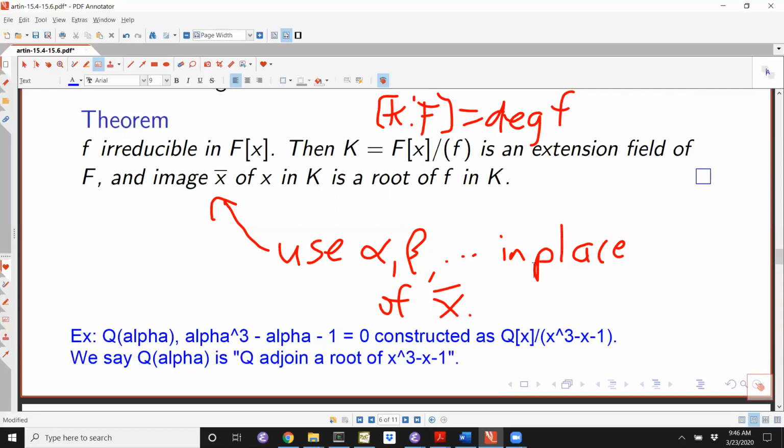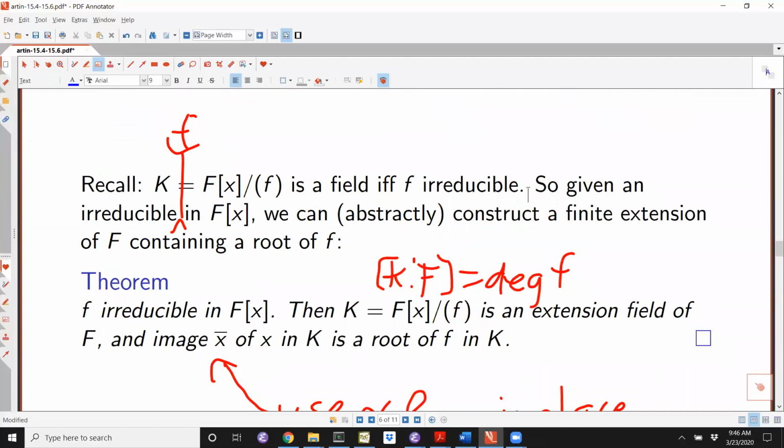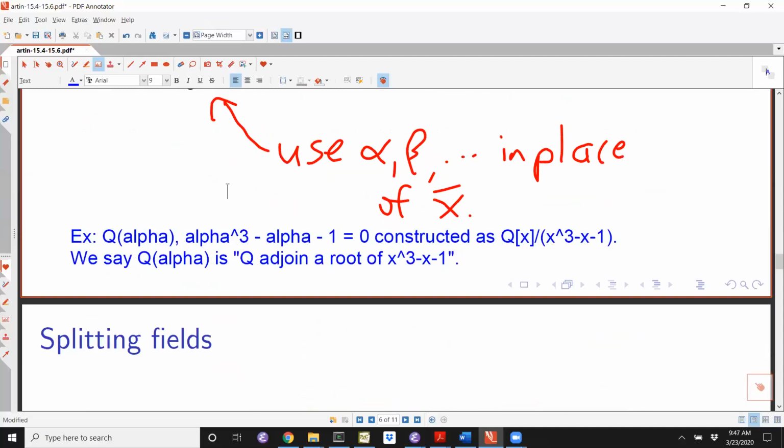Oh, what was the text above the theorem? Thank you, Rupa. So this is saying, recall that when you take a ring of polynomials over F and you kill a polynomial, that's a field exactly when f is irreducible. Conversely, if you start off with some irreducible, we can abstractly construct a finite extension of F containing a root of f.